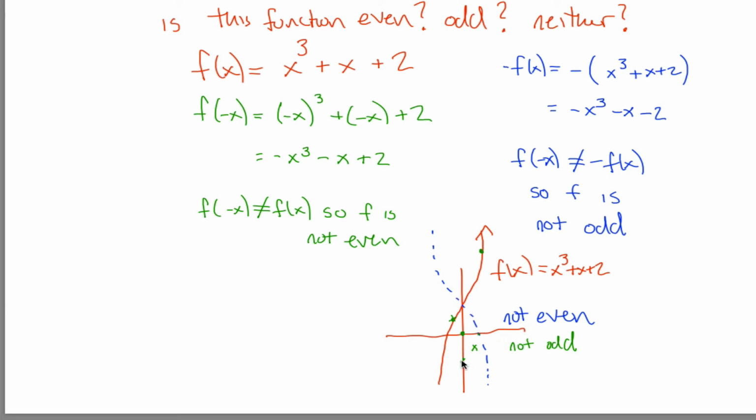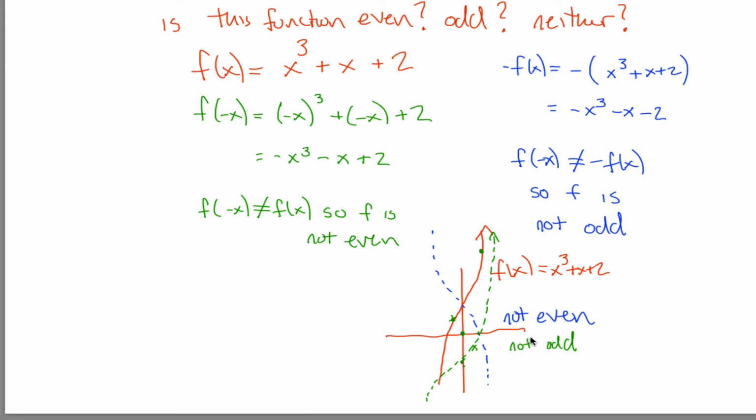Well, let's see, this point would be down here, this point would be here, all these would be way down here. I'd end up with a graph that looks something like that. It's not the greatest picture in the world, but hopefully that's enough for you to see that the green dotted line is not the same as the red line. So again, it's not odd.